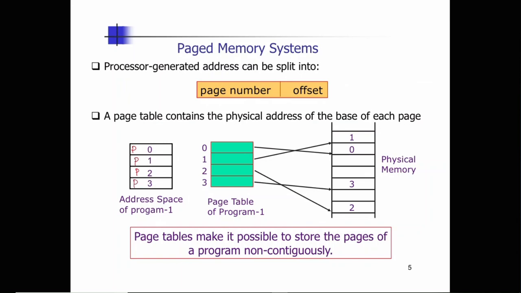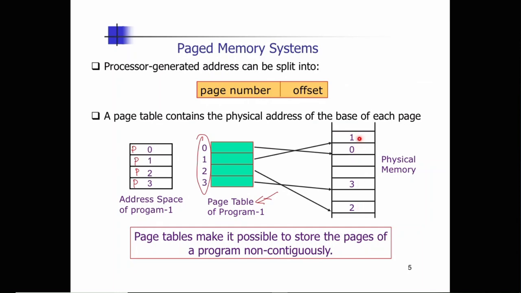And those pages are going to be mapped to different locations in the memory based on what we have in the page table. So page tables make it possible to store the pages of a program, in this case program 1, in a non-contiguous fashion.